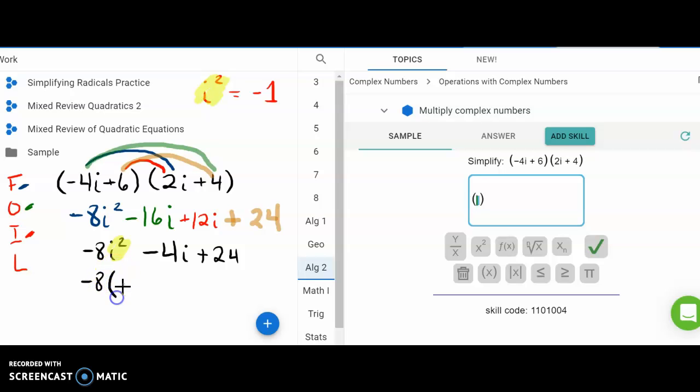So really what we're doing here is we're multiplying -8 by -1. Let's bring down everything else. -8 times -1, that's just +8, minus 4i plus 24. And here we're doing 8 plus 24, that's just 32.